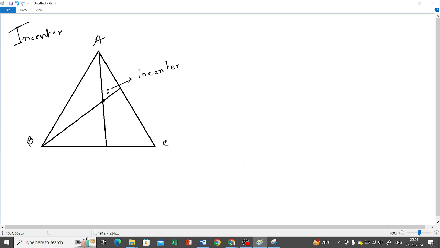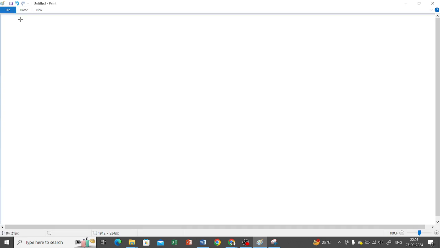So we will do similarity. I am basically giving you a crash course on the entire geometry and mensuration part of class 10.